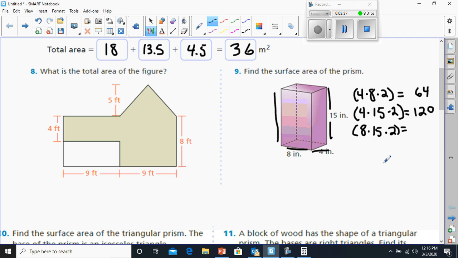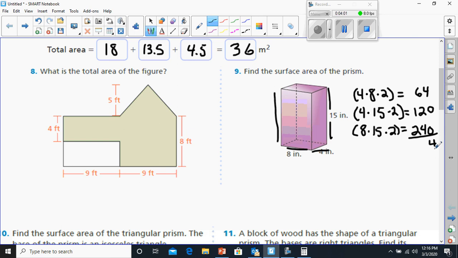Now here's the hard one. We got 15 times, well, we'll go with 8. If 4 times 15 was 60, then 8 times 15 would have to be 120. And 120 times 2 would be 240. And now we can add these together.